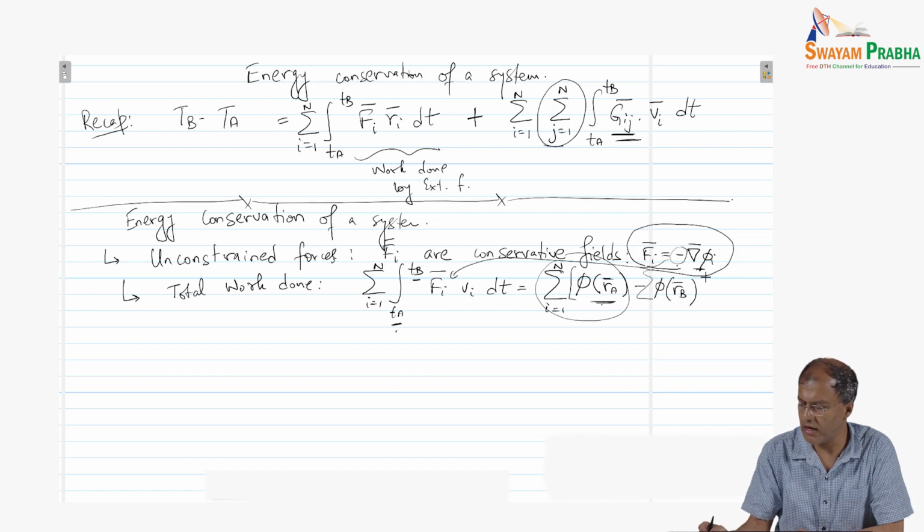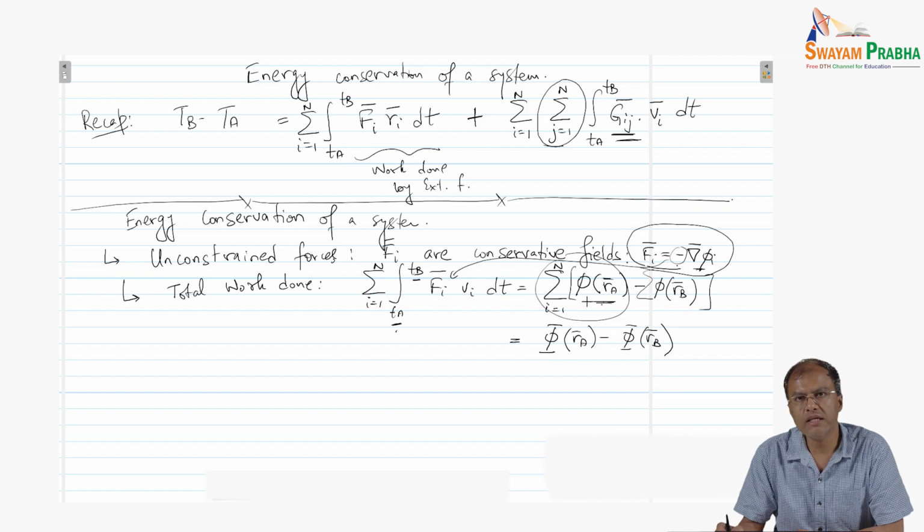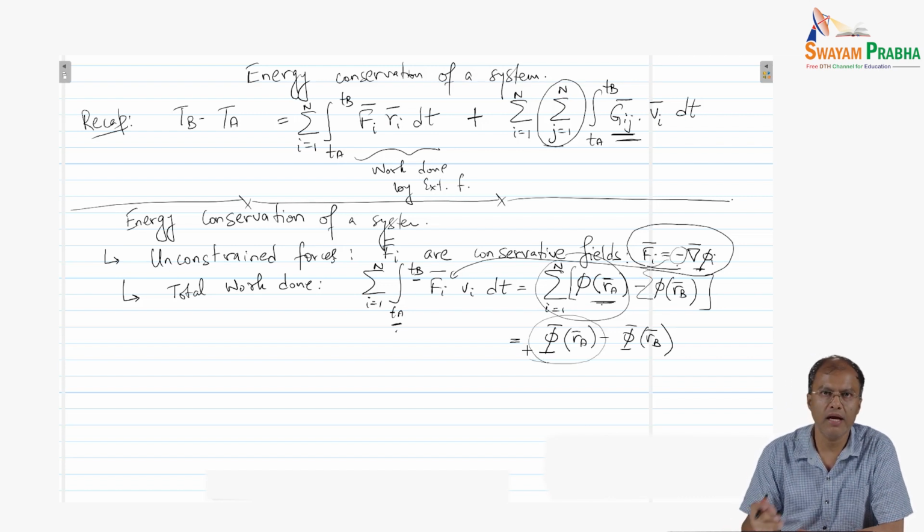So this was a large bracket outside. We can distribute the sum and we eventually get that this is capital phi at Ra minus capital phi at Rb. So what's the difference between small phi and capital phi? Small phi are the potentials of each particle in the system, and capital phi is the total potential of the entire system, right, at the configuration given by this argument.